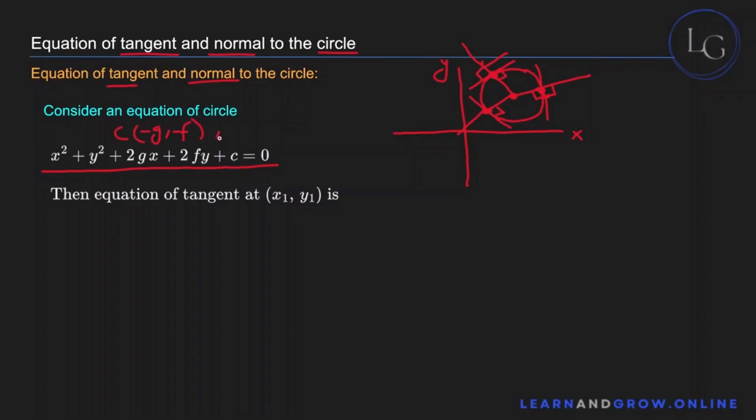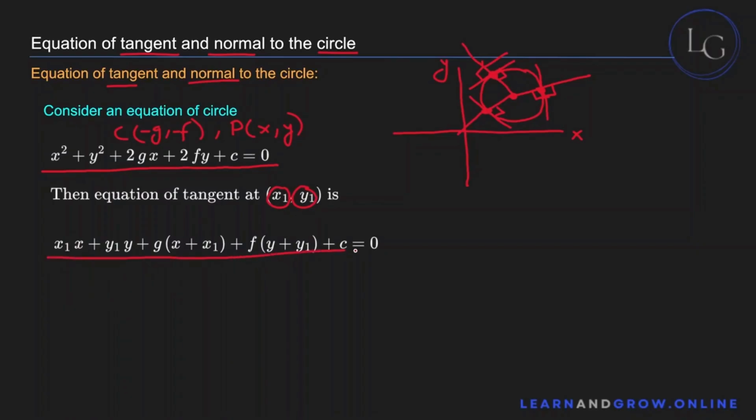This is the center, and any point on the circle being x and y. Now, the equation of the tangent at an arbitrary x1, y1 coordinate will be this.